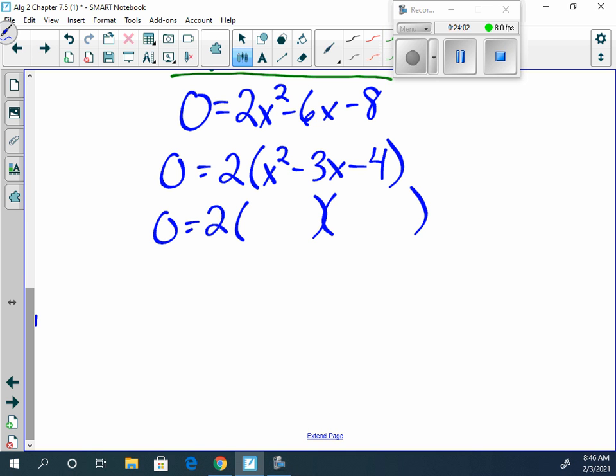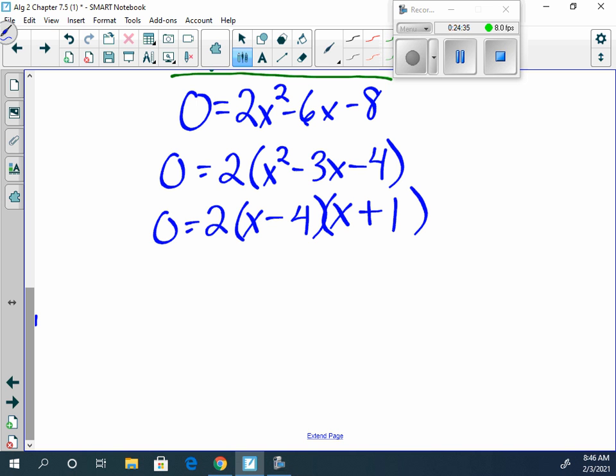We can do 2 sets of parentheses because I think this one here is not too bad to factor. Opposite signs, because our third term was negative. Factors of x squared would be x and x. And again, yes, I agree, we would lean with 4 and 1 instead of 2 and 2. And x minus 4 and x plus 1 would be the factors.